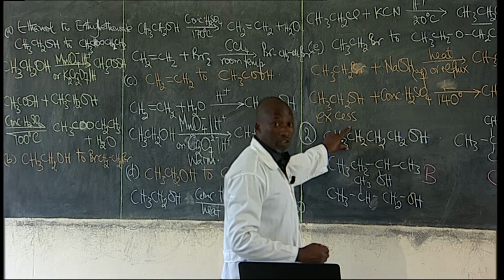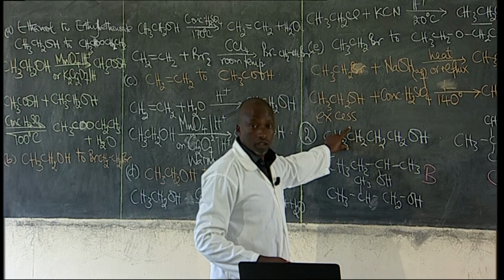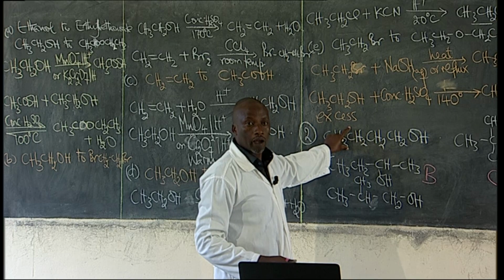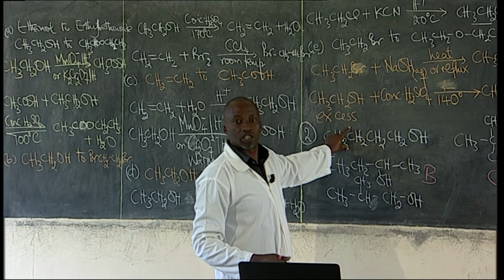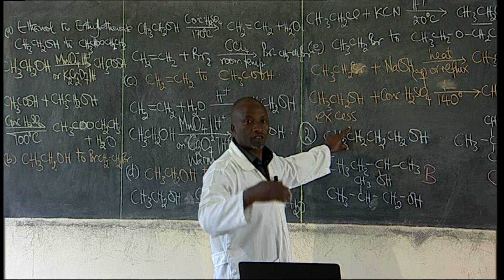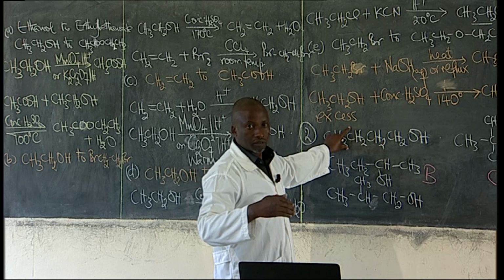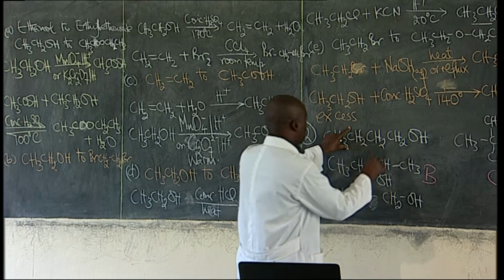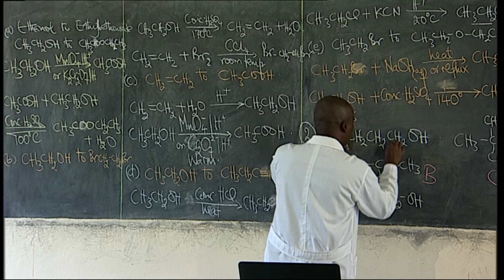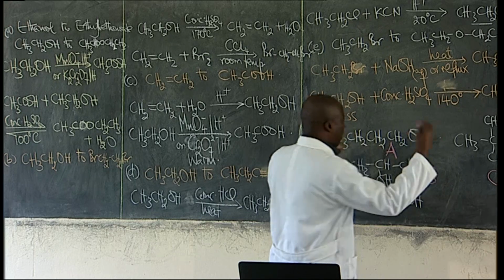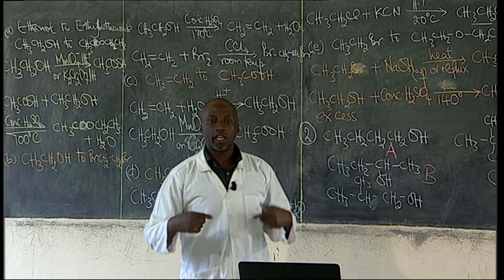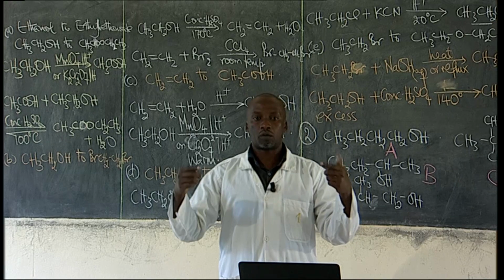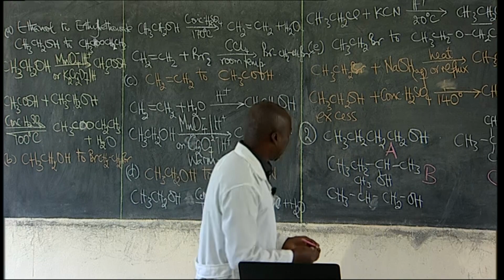So alcohol A produced D, which reacted further to form E. If this is alcohol A, it produced D, which is an aldehyde.